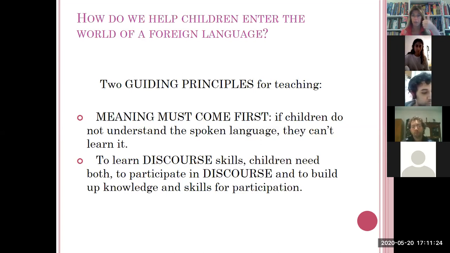Just put your thumbs up, right? Remember the reactions, you can use the reactions. Okay, good. So remember, meaning and discourse, always. Whenever you are thinking about a class, whenever you are thinking about what task you are going to design, think about that. What meaning am I going to help kids to build, and what discourse skills are needed to participate in interactions, right?